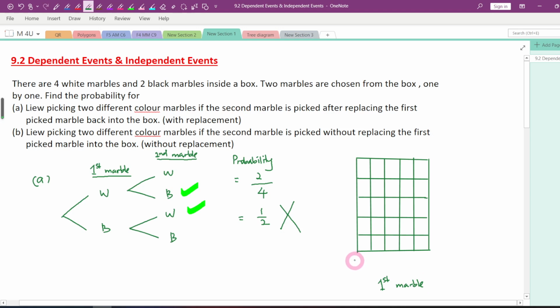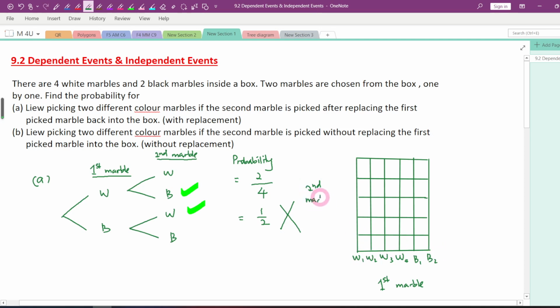We have 4 white marbles, so I'm going to label W1, W2, W3, W4. So I have 2 black marbles, B1, B2. So for the second marble, still the same thing. We label exactly the same thing here.